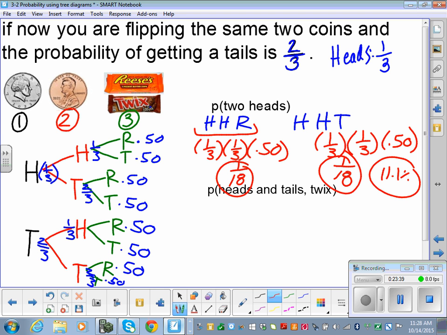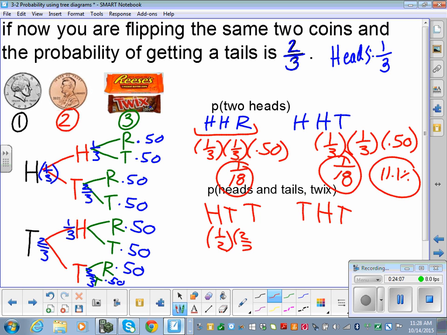Any others? Okay. So now let's find the probability of getting a heads, a tails, and a Twix. So where does that happen? Heads, tails, Twix, and then tails, heads, Twix. So now you'll multiply those individual probabilities. Probability of getting a heads is 1/3. Probability of getting a tails is 2/3.